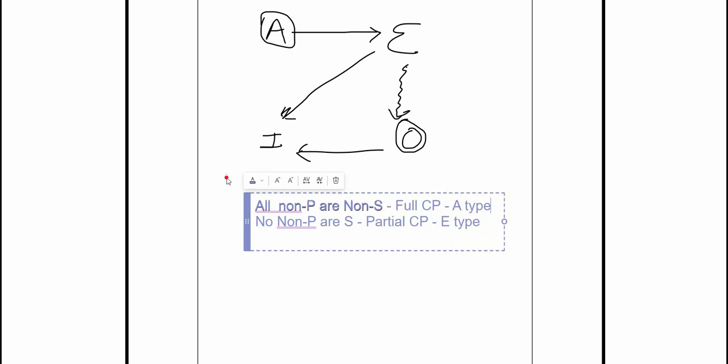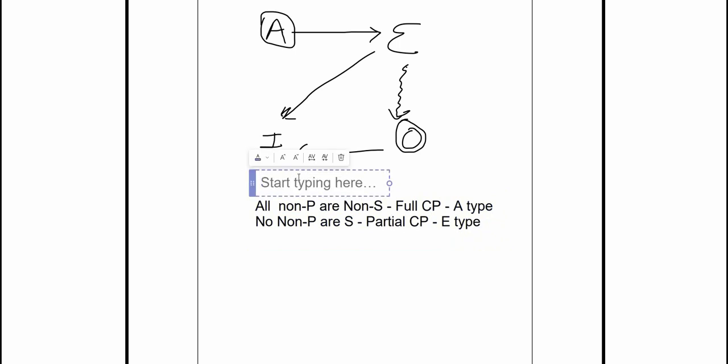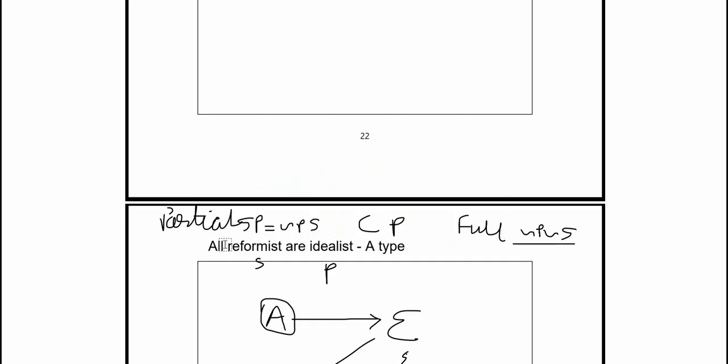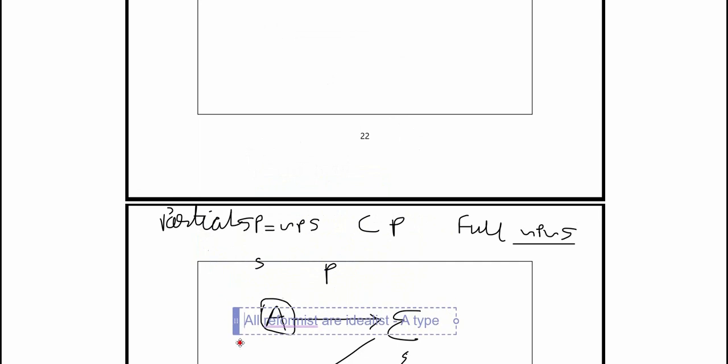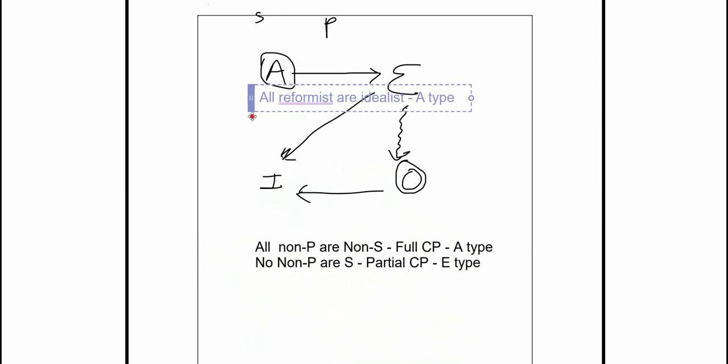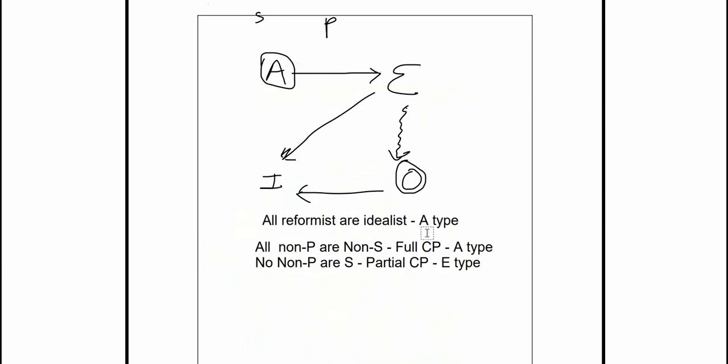So when the normal example or sentence or statement is of A type, it goes to A type for full contrapositive, and to E type in partial contrapositive. I hope this is easy for you all. For me this is very easy because of the diagram and everything. So you can follow on that basis.